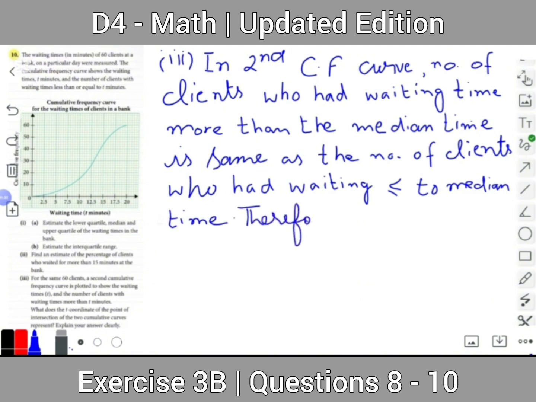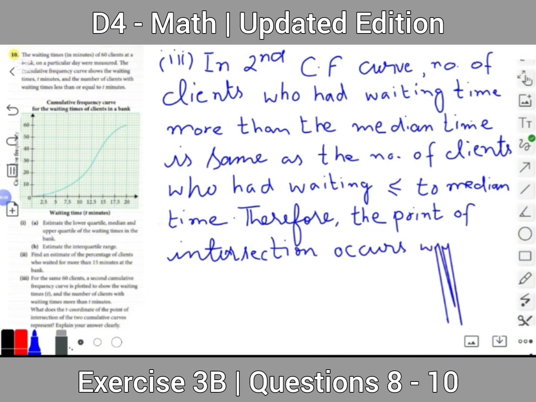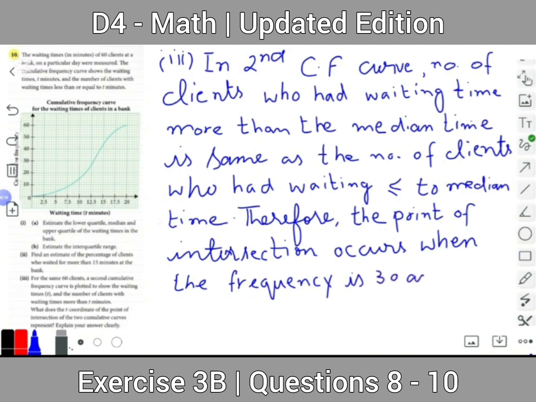Therefore, the point of intersection occurs when the frequency is 30, and the t coordinate is the median waiting time.